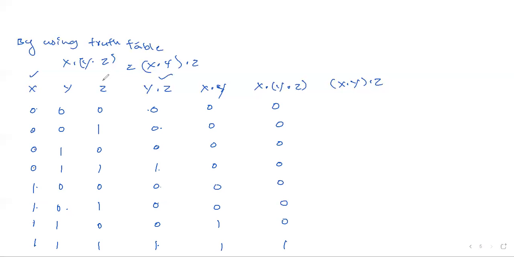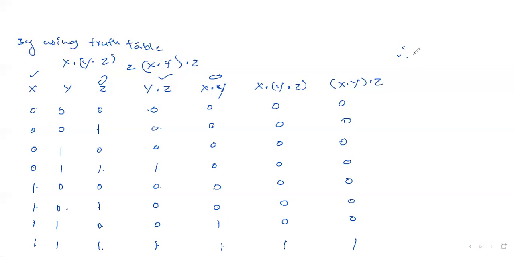Now this one and this one we will consider. 0 and 0 is 0, 1 and 0 is 0, 0 and 0 is 0, 1 and 0 is 0, 0 and 0 is 0, 1 and 0 is 0, 0 and 1 is 0, 1 and 1 is 1.